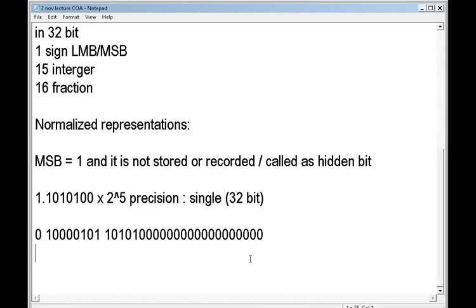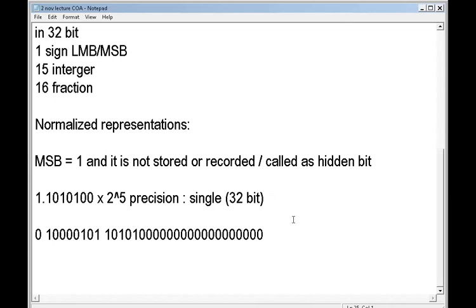Beta, the number is given in the power 2 to the power 5, right? In the question it would be mentioned that you have to store the number in either single precision or double precision. Okay? So single precision is of 32 bits and double precision is of 64 bits.